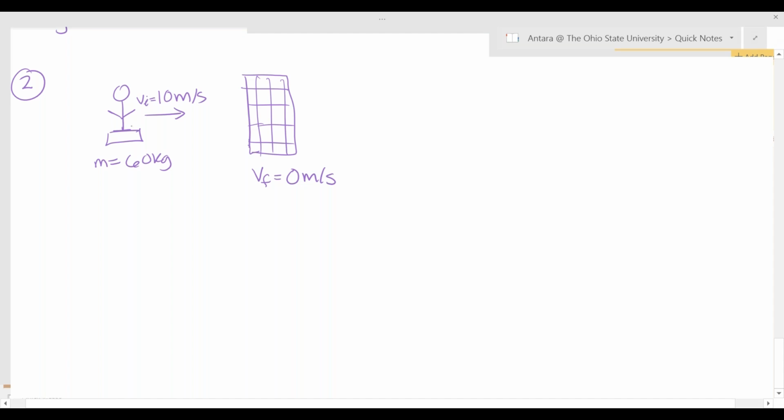So in this problem, there's nothing to do with potential energy, just kinetic energy. So work is equal to the change in energy. But in this case, it's the change in kinetic energy. So work is equal to, change in kinetic energy is 1/2 m v_f squared minus 1/2 m v_i squared.